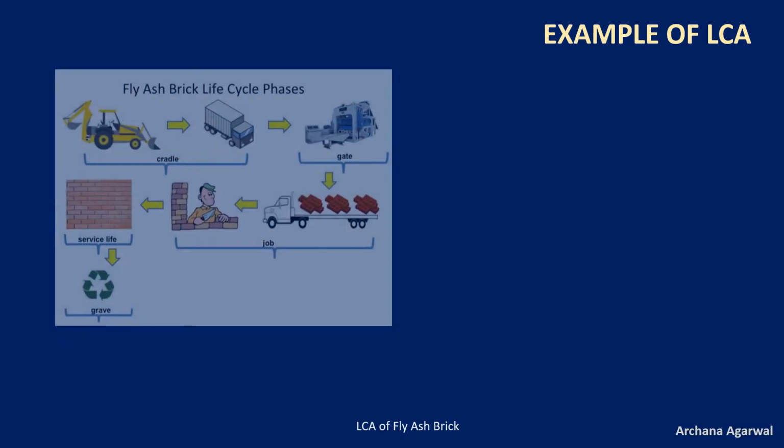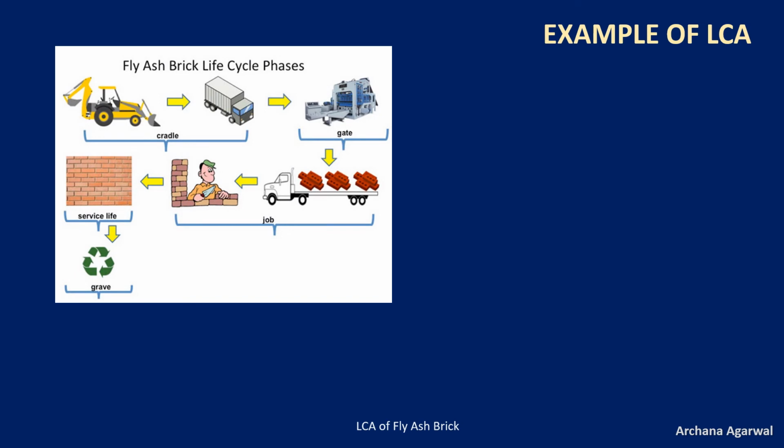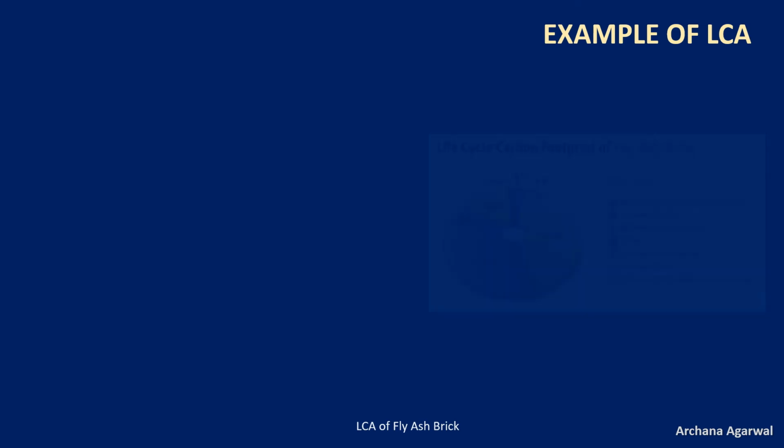The life cycle assessment has been explained here with the help of an example of fly ash brick. The life cycle phases are shown here, right from raw material extraction to production, transportation, then use, and finally disposal and recycling.